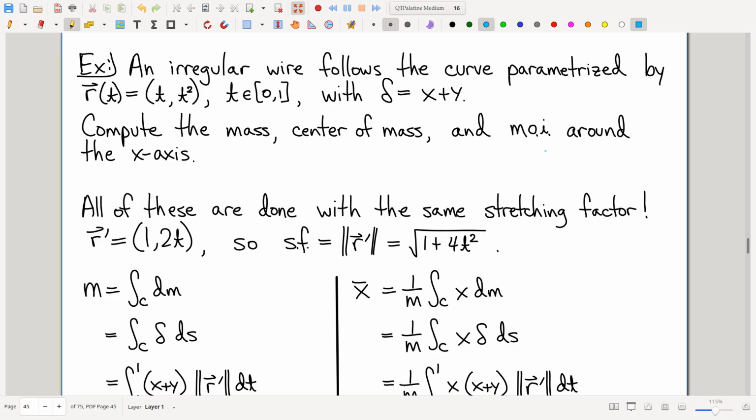They look like completely different calculations, but all of these questions involve the same wire, which follows the same curve, which is parameterized by the same function with the same density. That parameterization, of course, has the same derivative and therefore the same speed and therefore the same stretching factor.